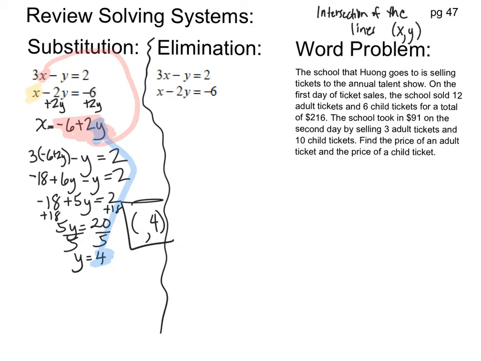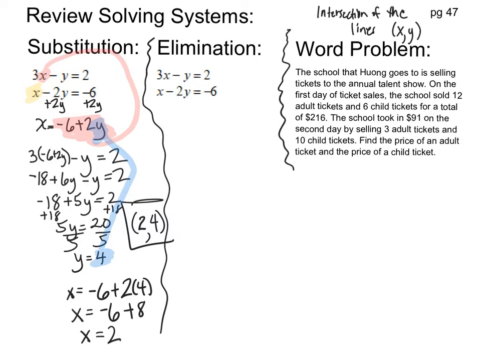All I have to do is x equals -6 plus 2 times 4. X equals -6 plus 8, so x equals 2. My solution to my first example, solving using substitution, is (2, 4). If I were to graph those two lines, I would see that they intersect at the point (2, 4).